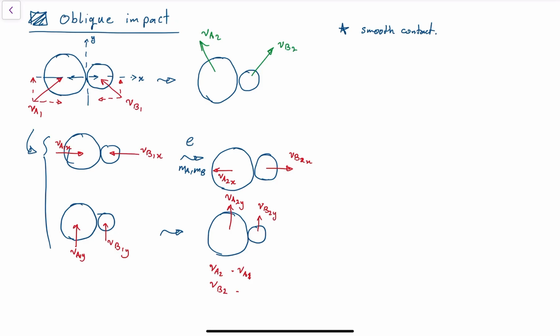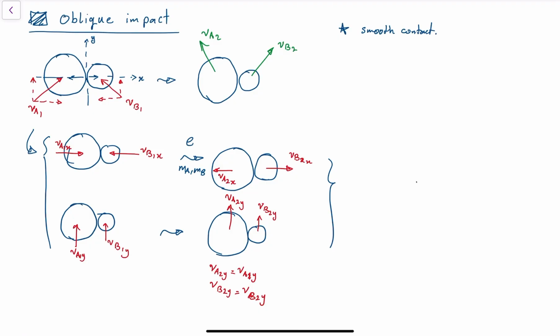Long story short, nothing happens in the y direction, and they move with the same velocity.